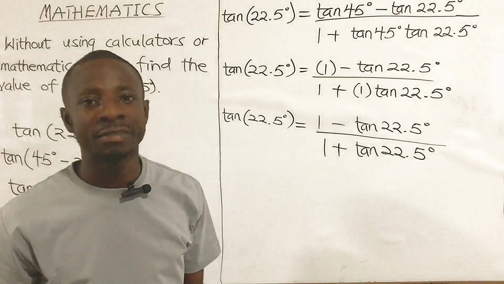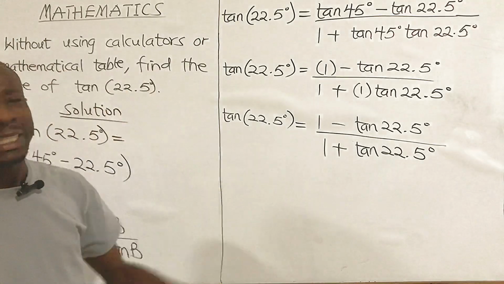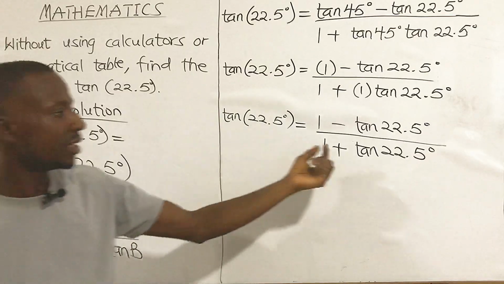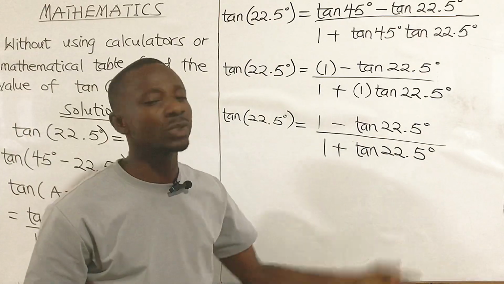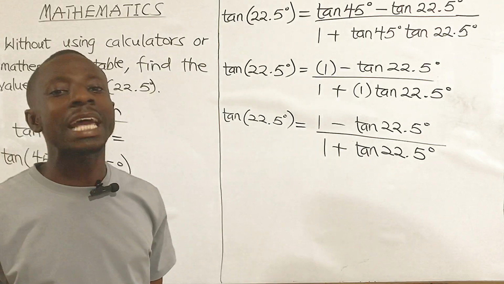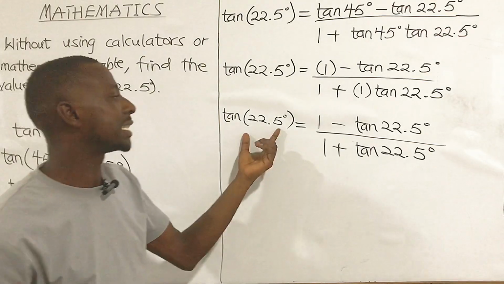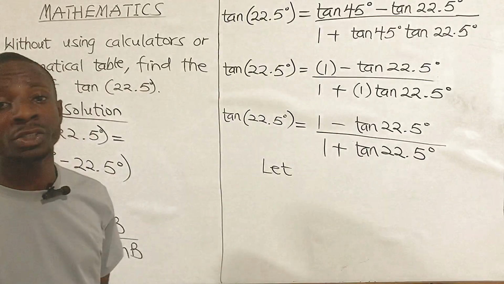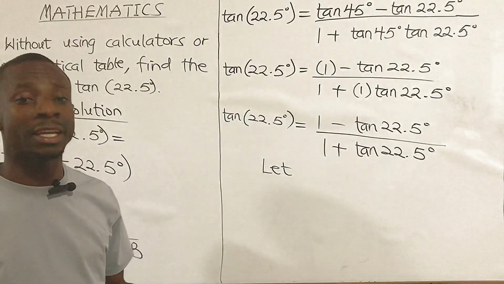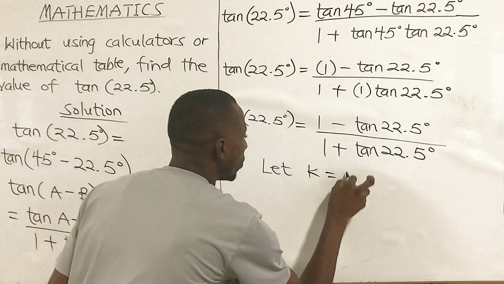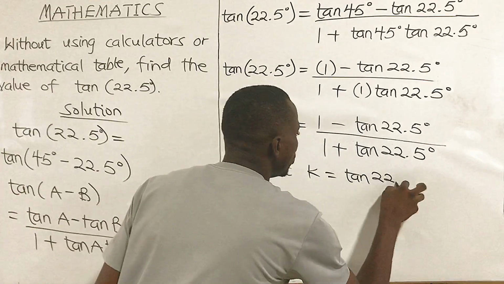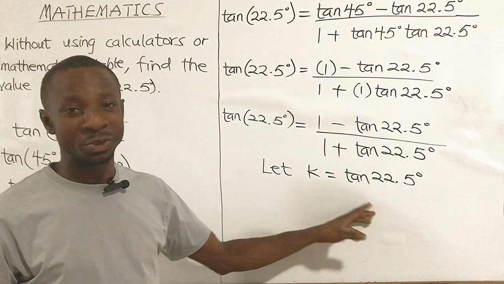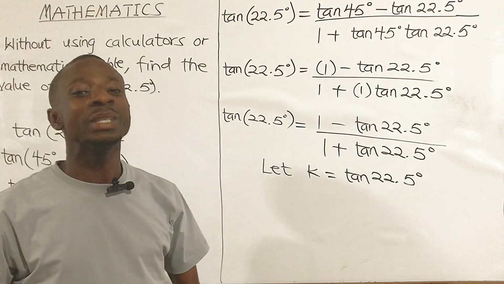Now when we get here, we could see that tan 22.5 is here, tan 22.5 is here, tan 22.5 is here. So we are going to let a variable represent the tan 22.5. So let any variable of our choice, let's say k, be equal to tan 22.5. I know you wanted to use x to represent it, but we can use any variable.